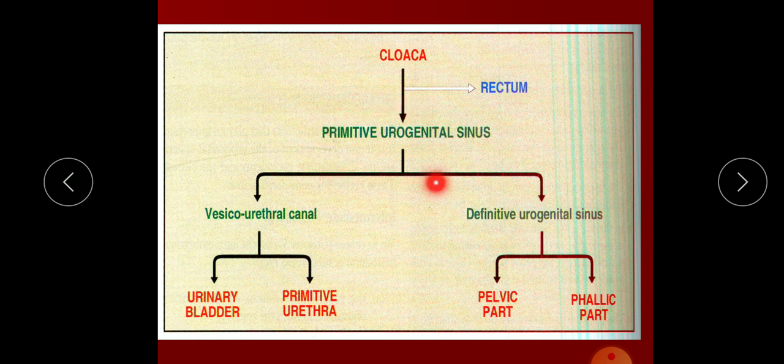Into this urogenital sinus the mesonephric duct is opening, which divides it into the vesico-urethral canal and a definitive urogenital sinus. This vesico-urethral canal is concerned with the development of the bladder.